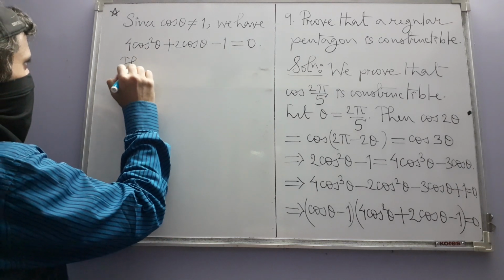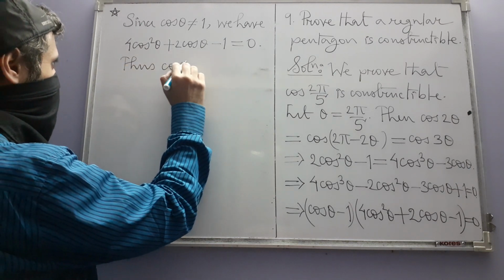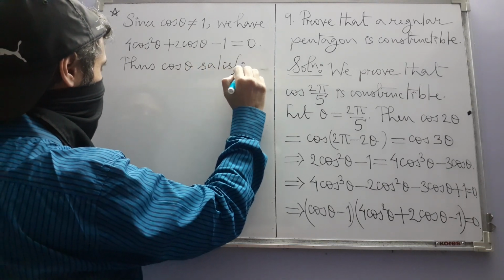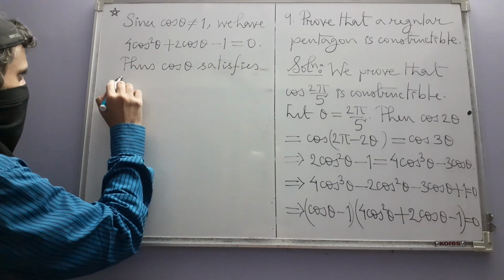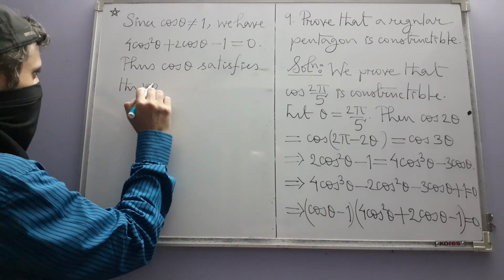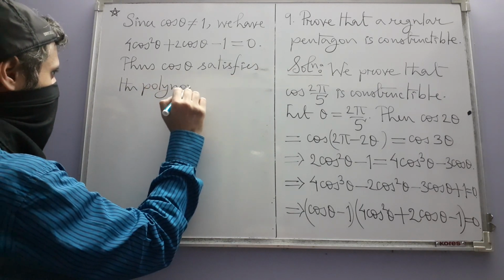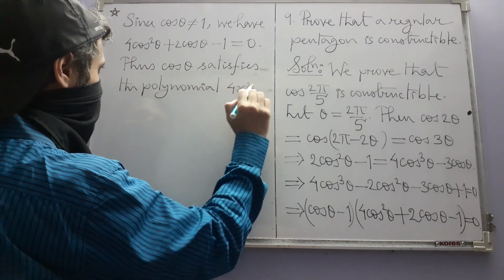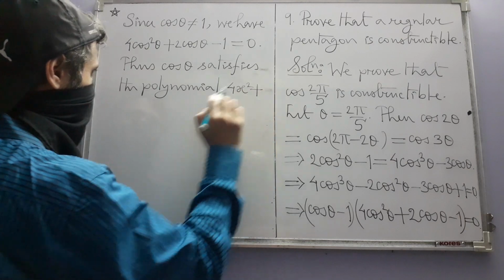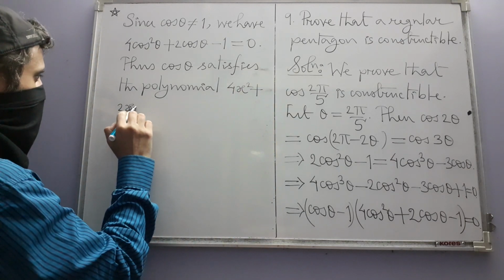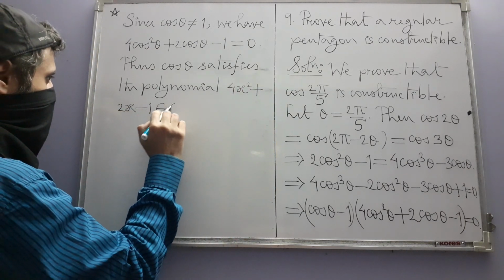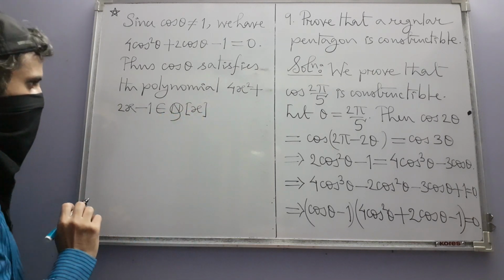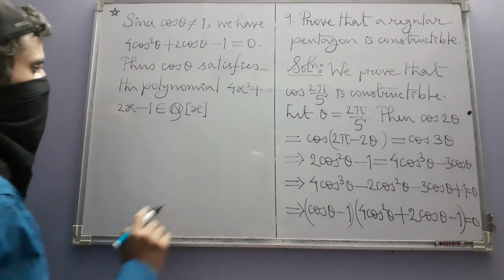Thus, cos theta satisfies the polynomial 4x square plus 2x minus 1 in the polynomial ring Q[x], that is, it's a rational polynomial.